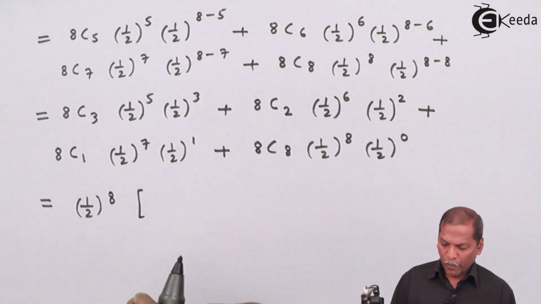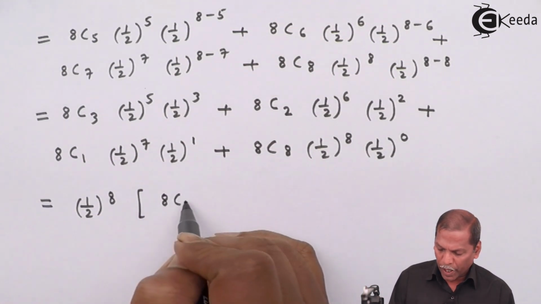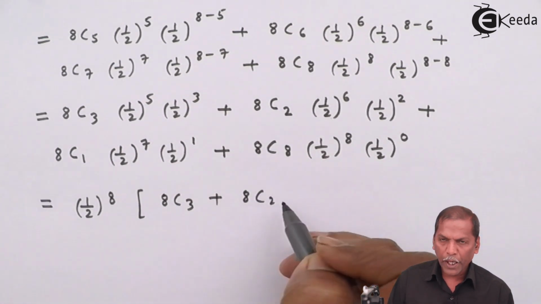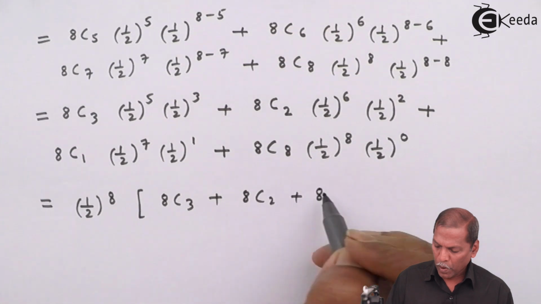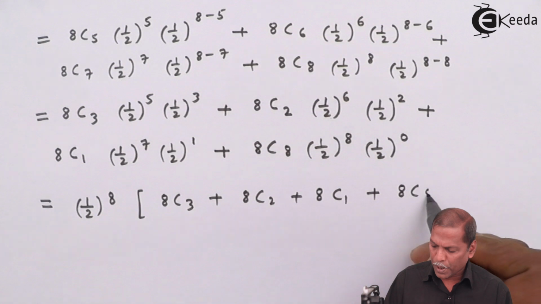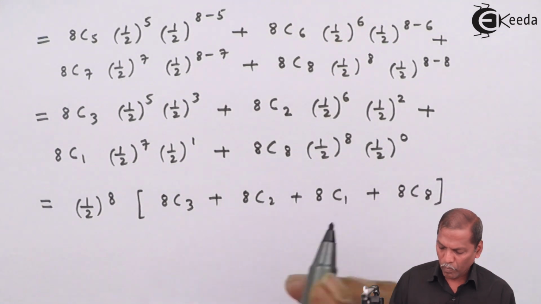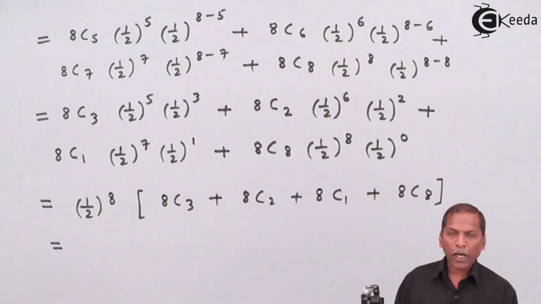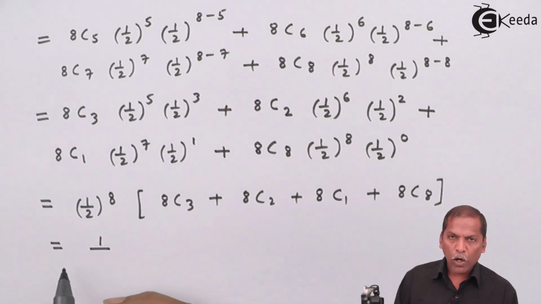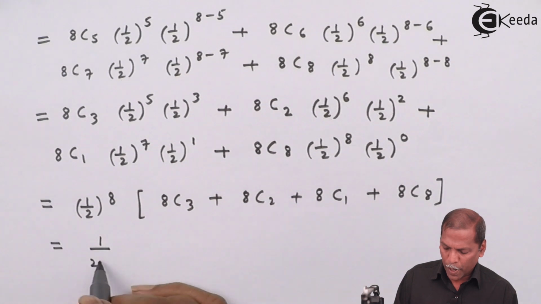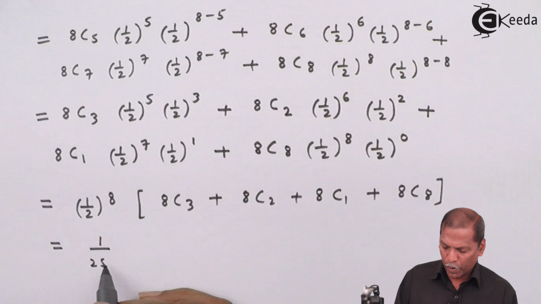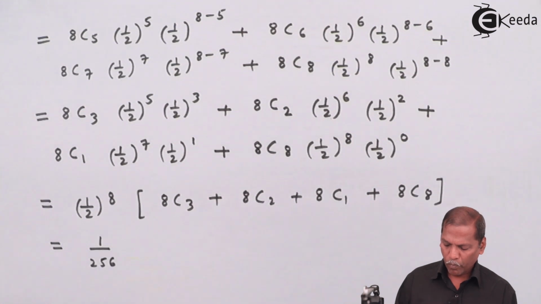So in the bracket we are left with 8C3 plus 8C2 plus 8C1 plus 8C8, that equals, now (1/2)^8 we get 1/2^8, so that gives us 2 into 2, 8 times, it means 256.